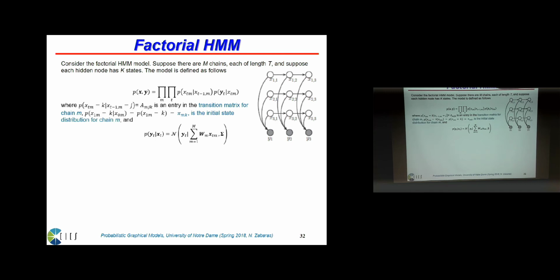So this is the exact model, and it is computationally very difficult to work with because of this equation. This equation couples things, so if you try to do expectation maximization, for example, and compute the sufficient statistics, you won't be able to use forward-backward message passing because these messages are all coupled.